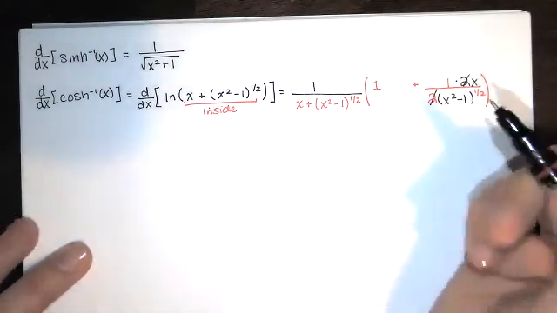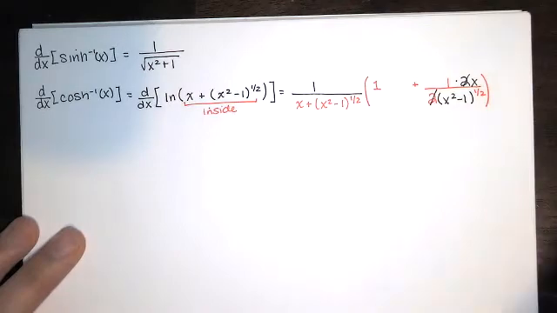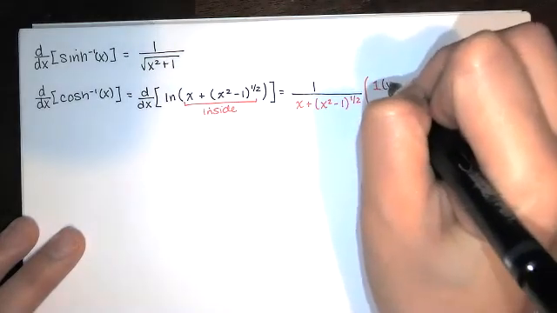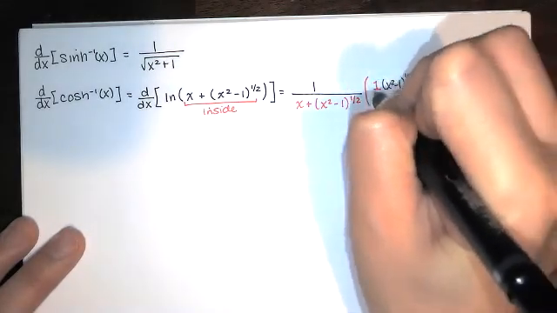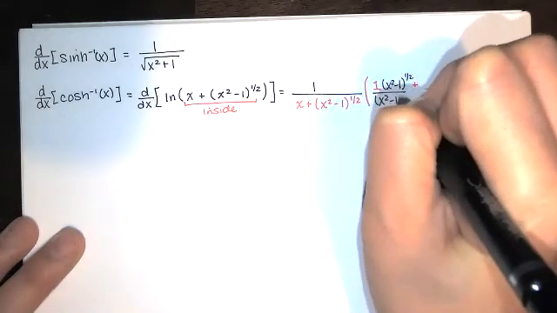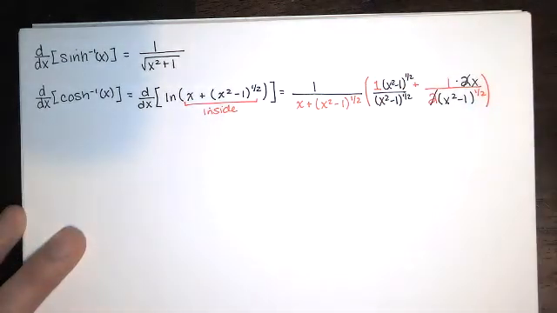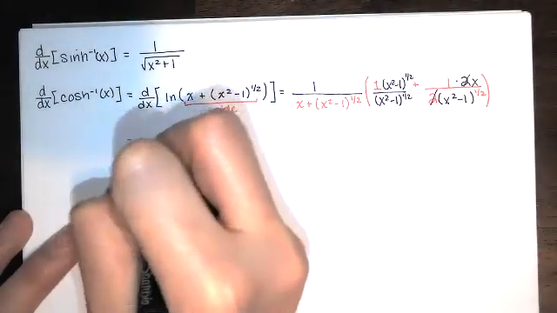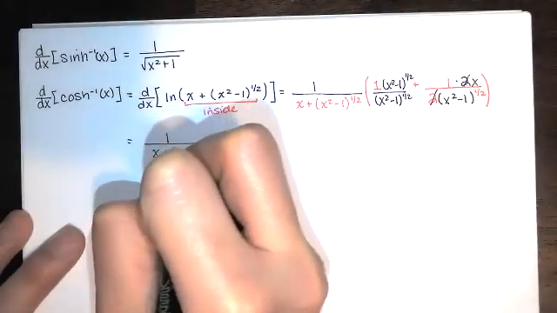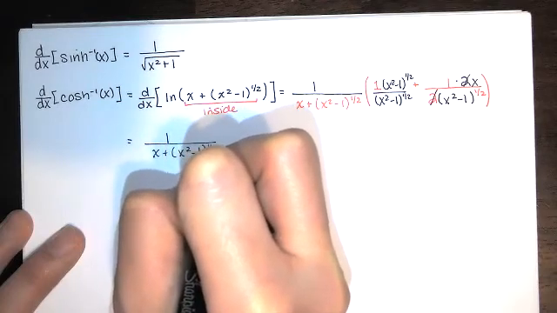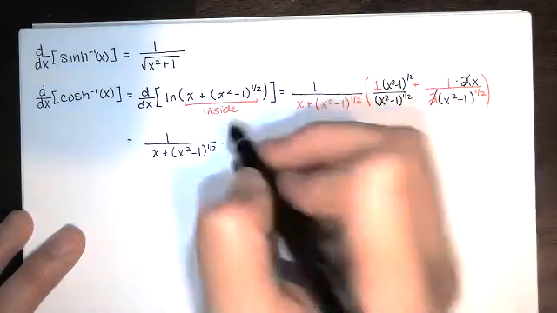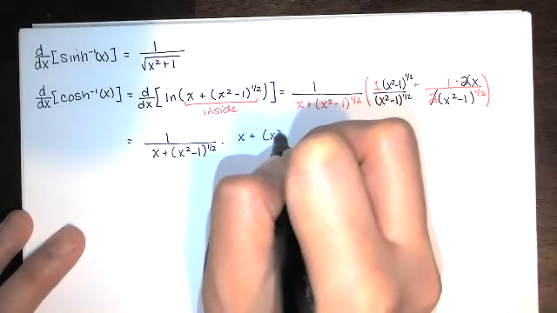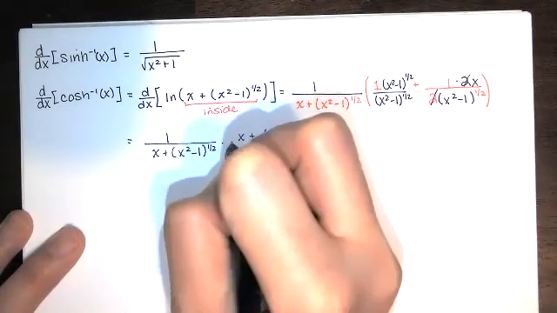Now I need to get a common denominator, so I'll multiply this 1 by x squared minus 1 to the 1/2 over itself. And watch what happens. In the numerator, we have that x plus x squared minus 1 to the 1/2 again.